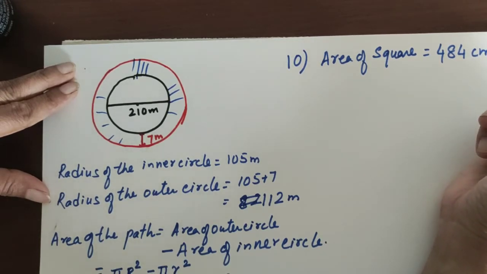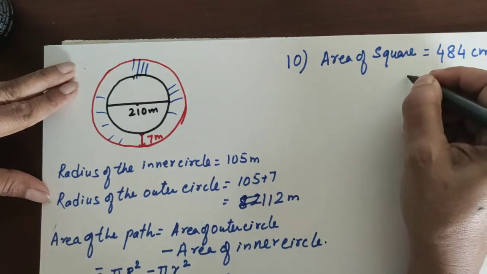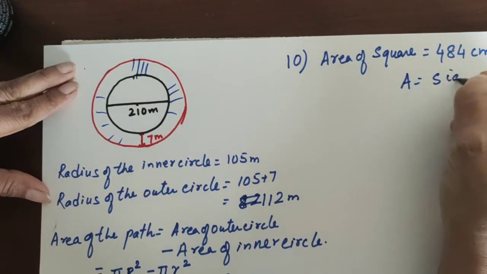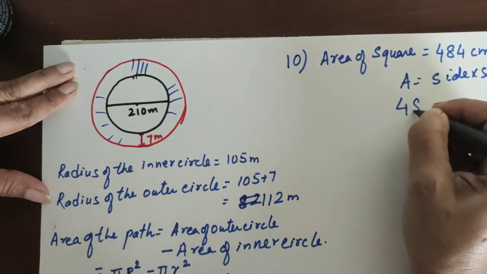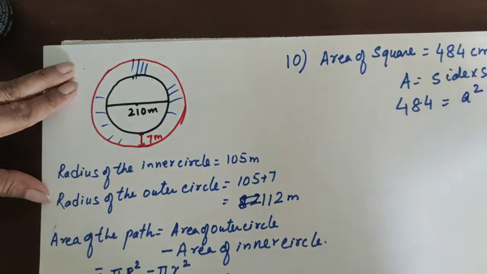You have to find one side of the square. So the area is side square, which is side into side. So 484 is equal to, say the side is A, so it is A square.